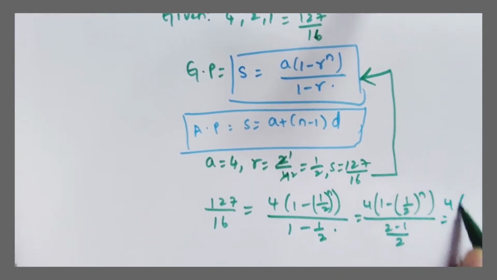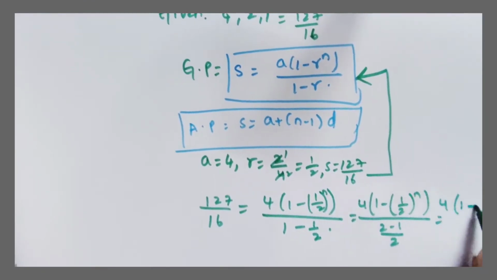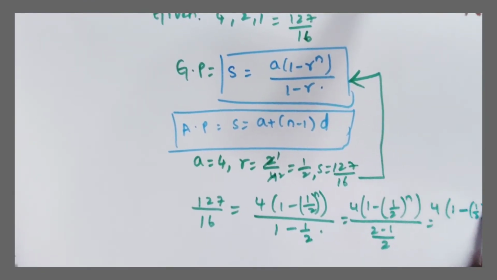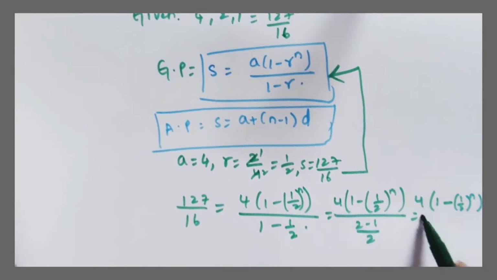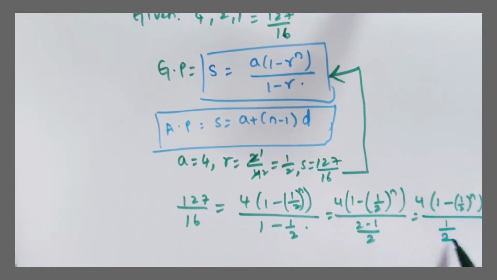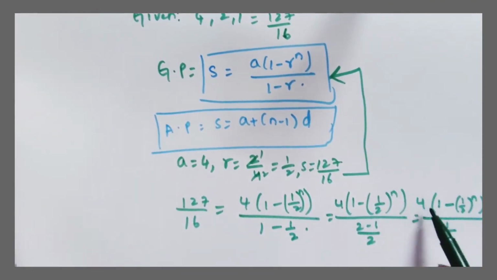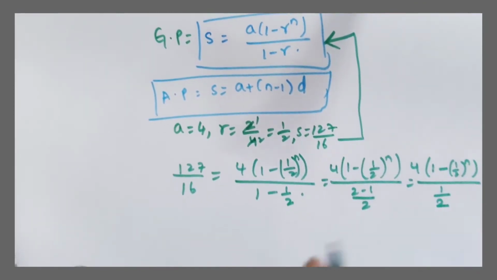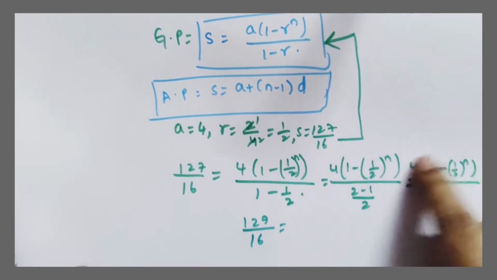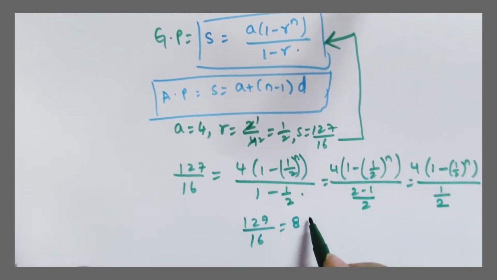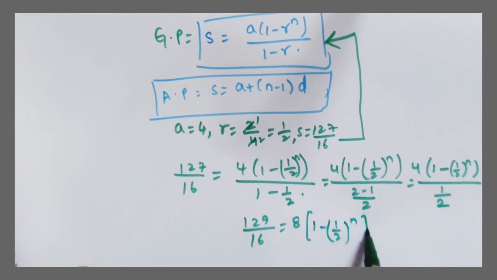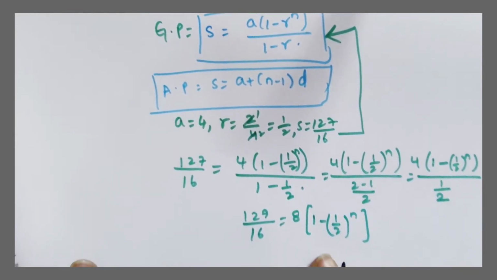4 into 1 minus 1 by 2 power n divided by 1 by 2. Solving this, when the 2 goes to the numerator, it will multiply over there. So this becomes 8. Alright, so it can be written as 127 by 16 is equal to 8 into 1 minus 1 by 2 whole power n. I think it's clear.